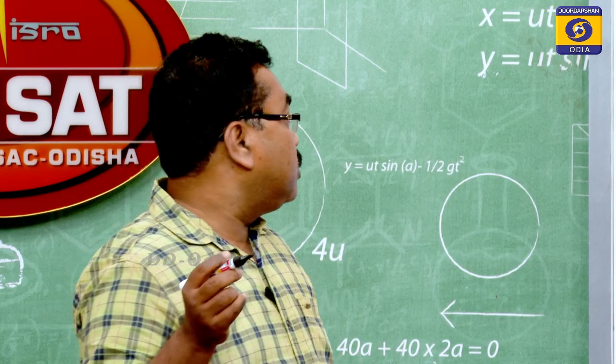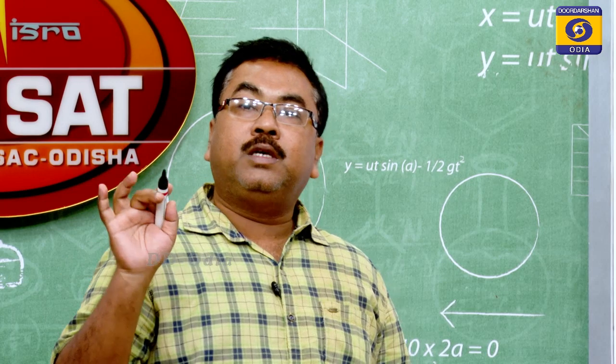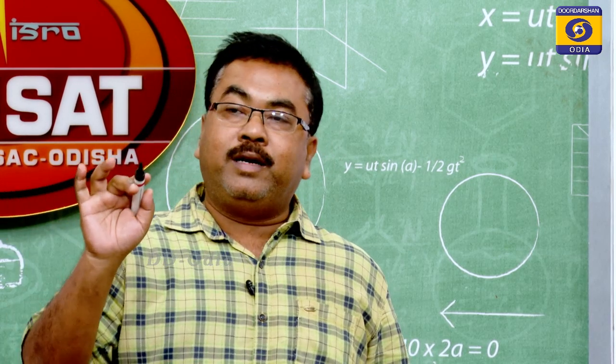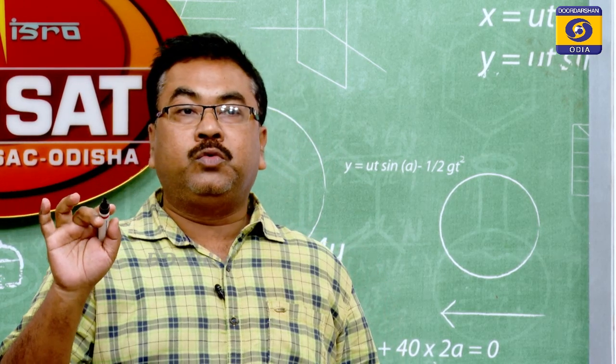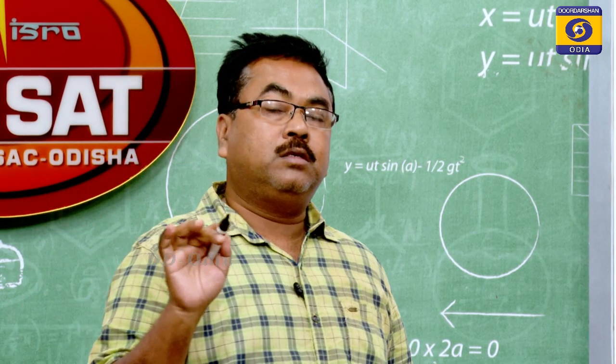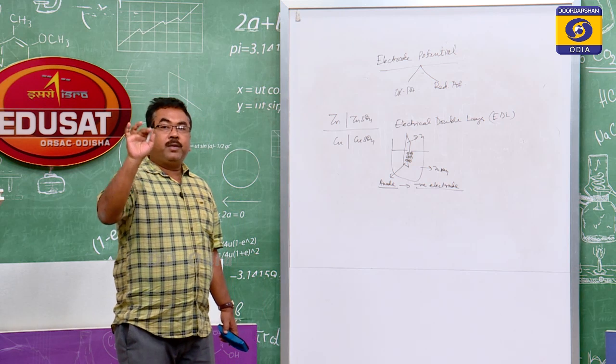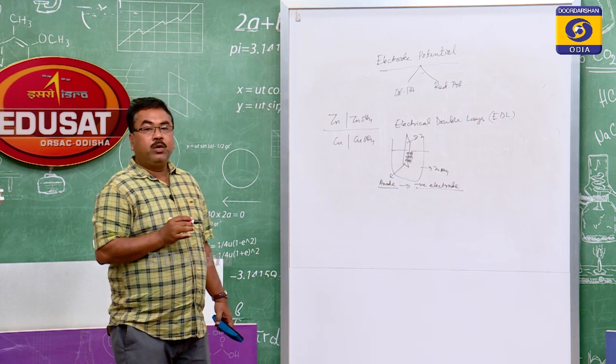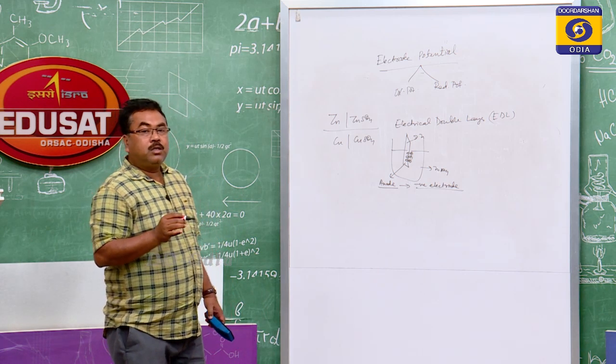So, electrode potential is the tendency of an electrode either to lose or gain electrons while in contact with a solution of its own ions. The presence of the electrical double layer gives rise to the electrode potential. So, it is very important.